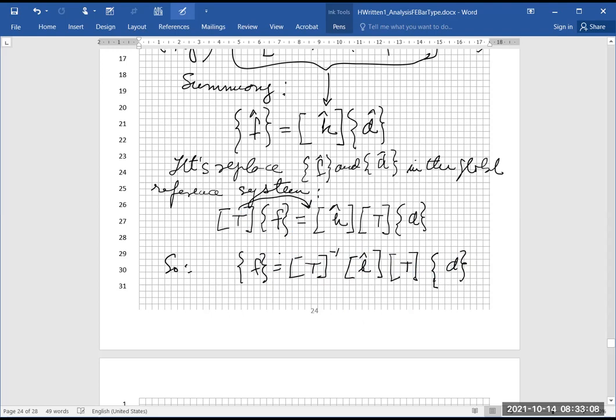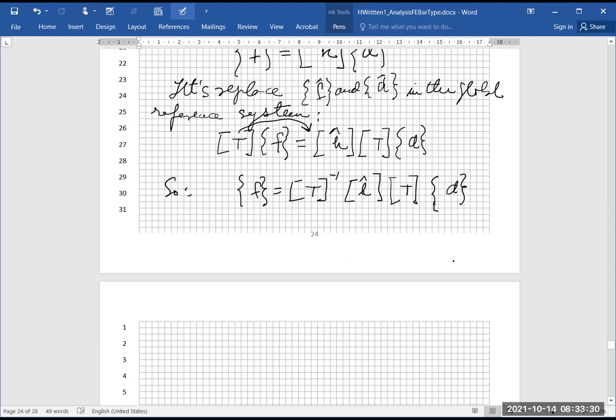We have external forces, but now in the global reference system, it's equal to a matrix. It's a very long matrix, but a matrix after all, multiplied by the vector of the displacements, also expressed in the global reference system.